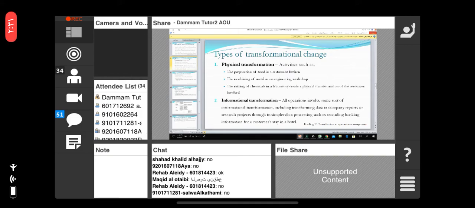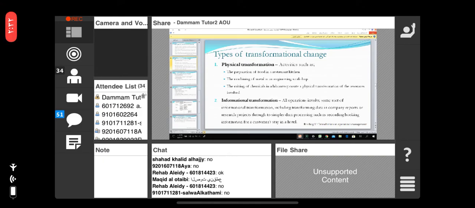Okay guys, in transformational change in operation management, usually we have activities. If you have a restaurant, what you need is a kitchen. If you are a mechanic, what you need is engineers.